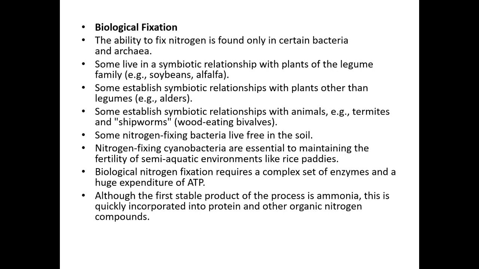In the initial stage, the stable product of this process is ammonia, and this ammonia is incorporated into protein and other organic nitrogen compounds. When the plant produces this kind of protein, animals totally rely on the plant as their source of nitrogen.